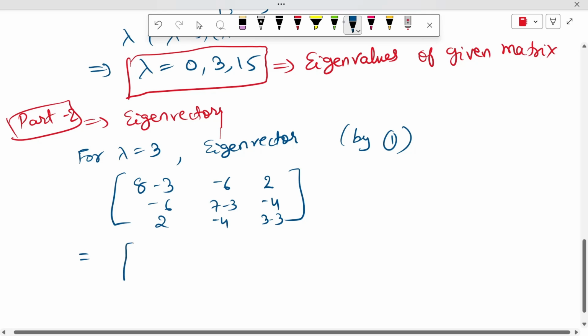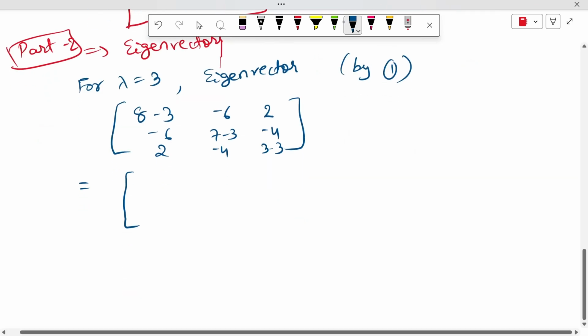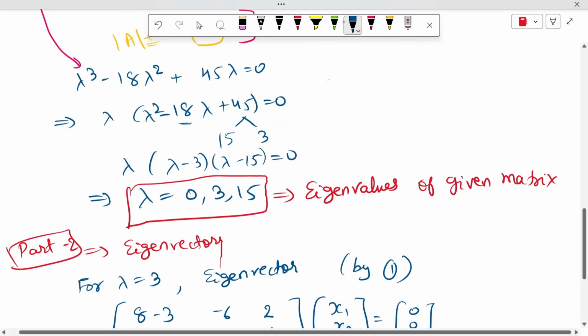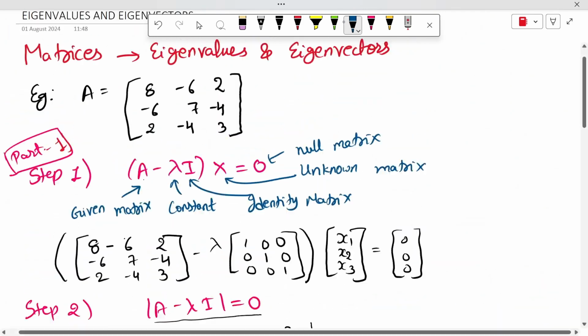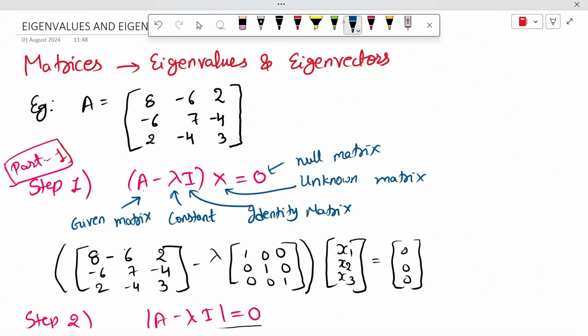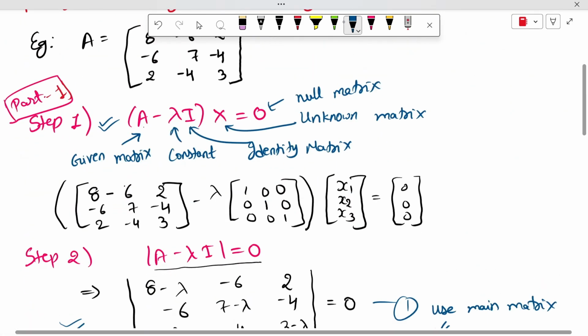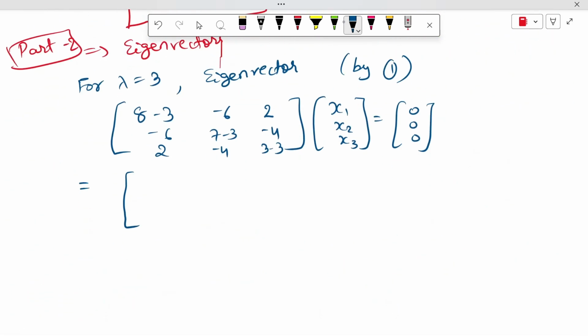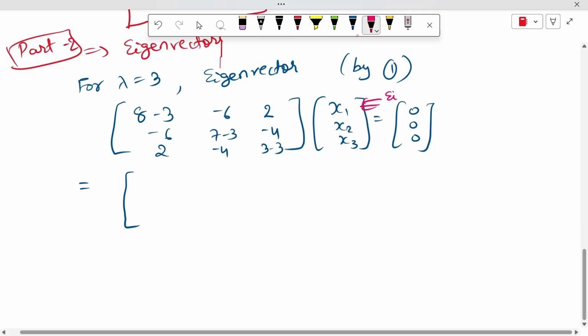Solving this, we get x1, x2, x3 is equal to 0, 0, 0. Why did we do this? Because this was our step 1. This we are going to use, and here this will be our eigenvector, so we have to find the values of x1, x2 and x3.